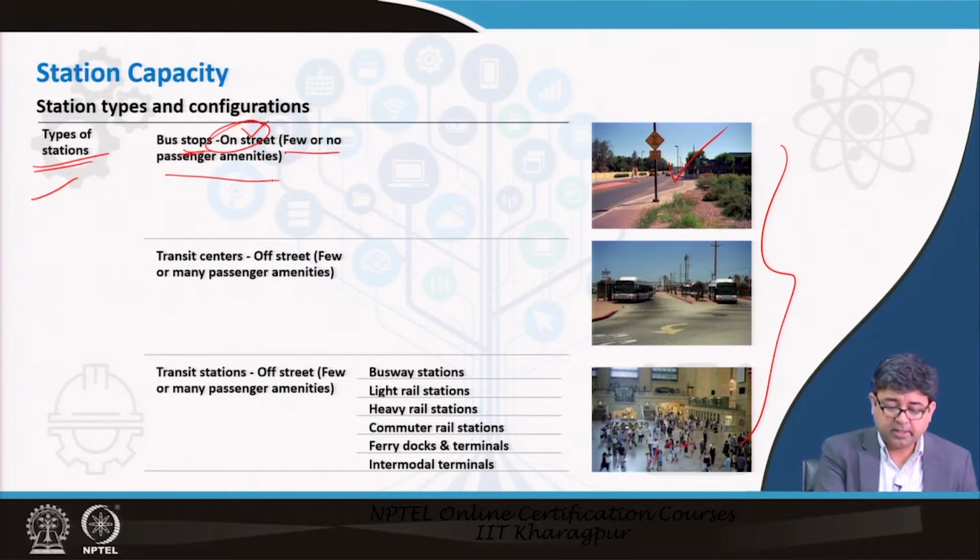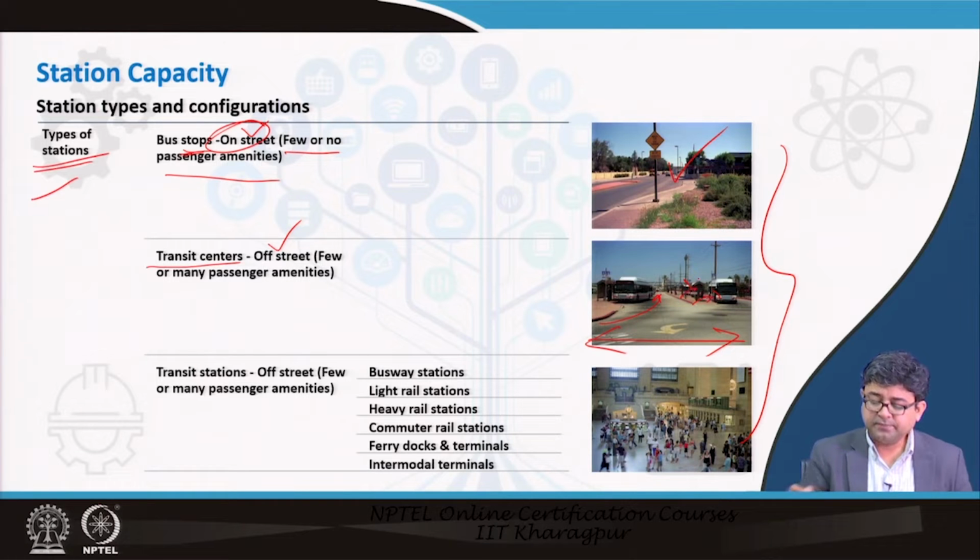The next one could be what is called a transit center. These may be off street. So, the main street may be here and there may be a transit center which is off street, where buses can queue one behind the other and people can get on and off the buses from platforms that have been developed, which are very basic platforms.